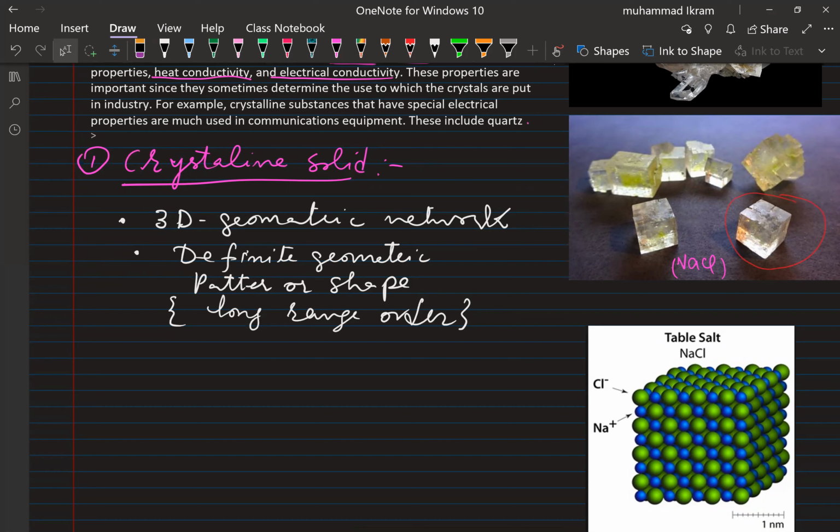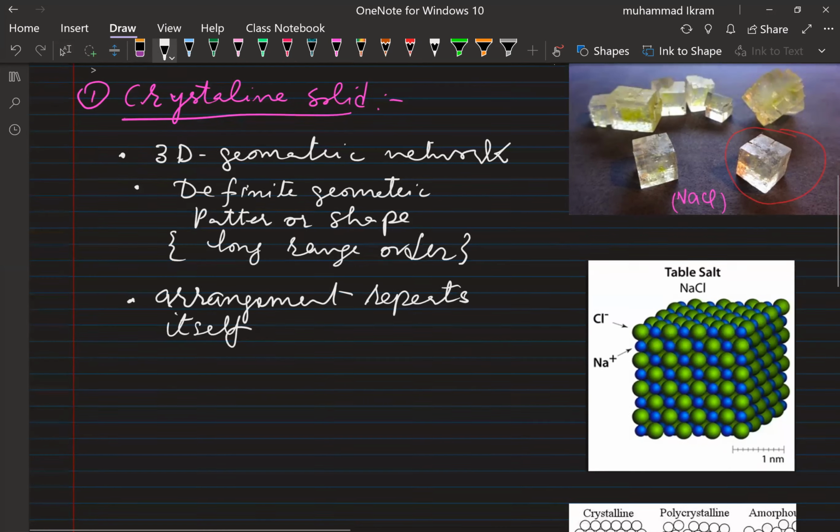So there is a periodic repetition, or you can say the arrangement repeats itself periodically throughout the entire crystal, or over the whole crystal.